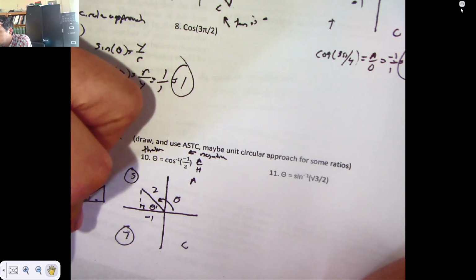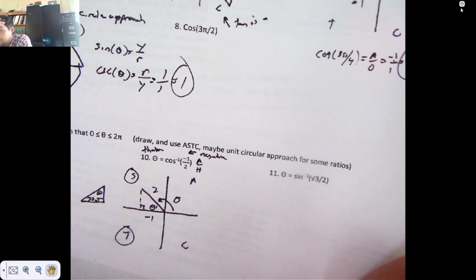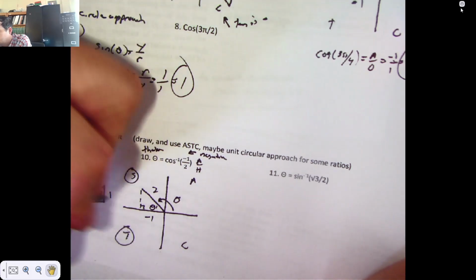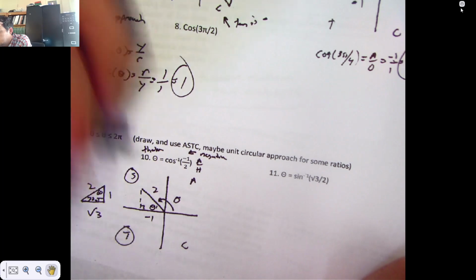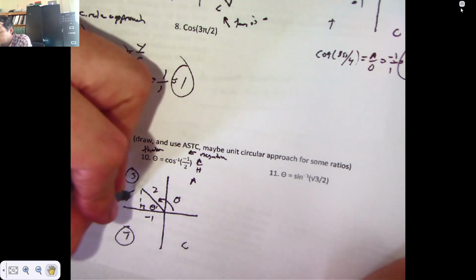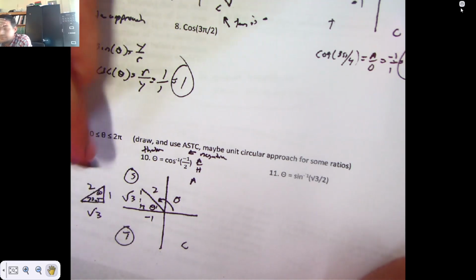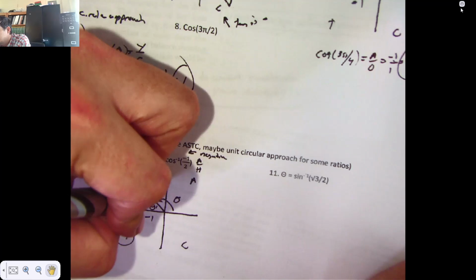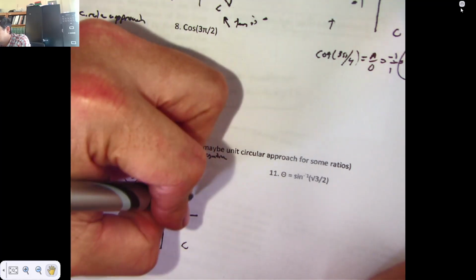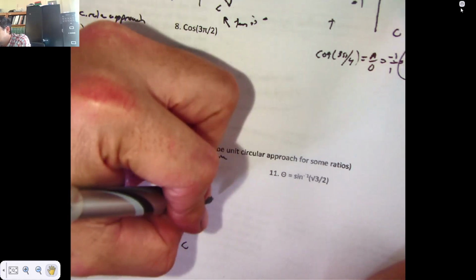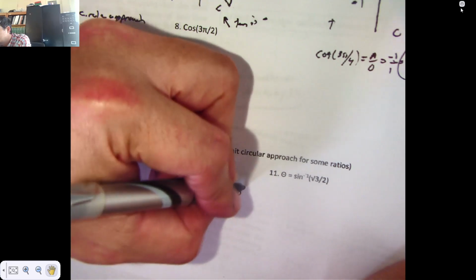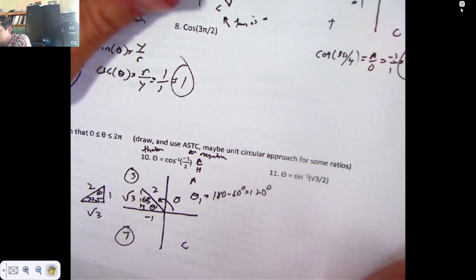It looks to me like a 30, 60, 90. 1, 2, root 3. What you're missing here is the root of 3 that goes up. Now, root 3 is across from a 60-degree angle. So theta prime is 60 degrees. That means that theta, the first theta, is 180 minus 60 degrees, which is 120 degrees.